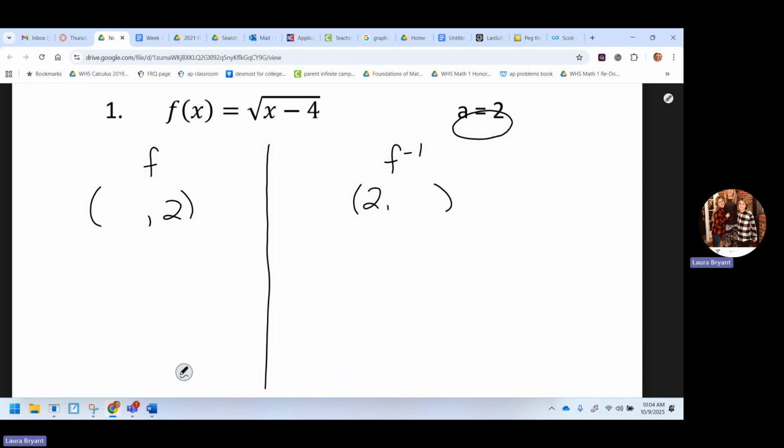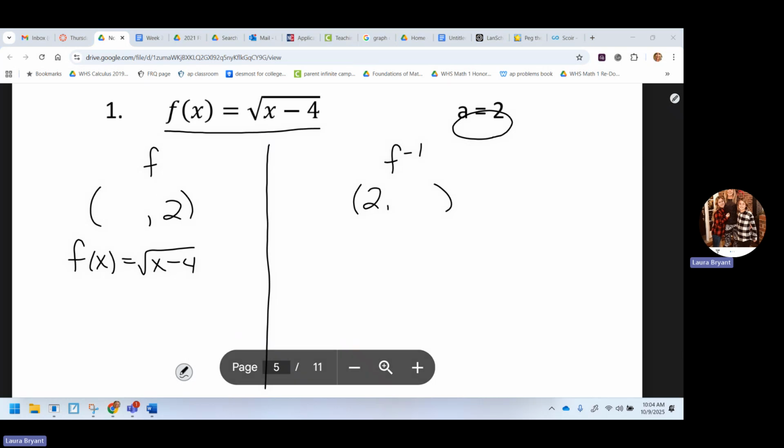Okay, so my job then is I've got to finish figuring out what else is in that coordinate before I do my derivatives. And the only way I can figure it out is using the one equation that I have, which is an original. So if my original is the square root of x minus 4, I can use that equation with Y equals 2 to figure out the missing part of the coordinate.